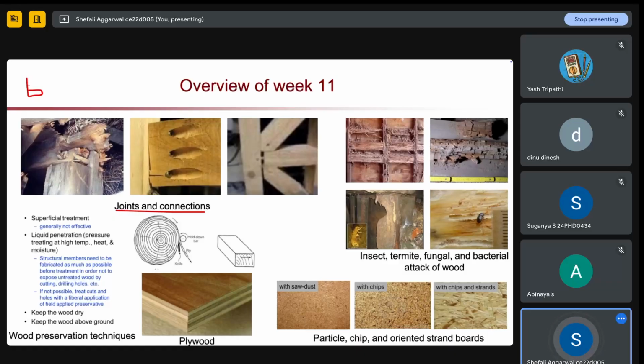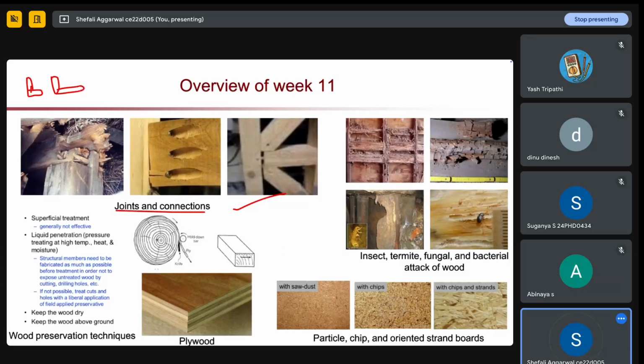We have lap joints, butt joints, and these different types of joints. And then we use bolts, rivets, nails and so on, and there can be failure modes of these different types of joints and connections. So that is more or less the different joints and connections.